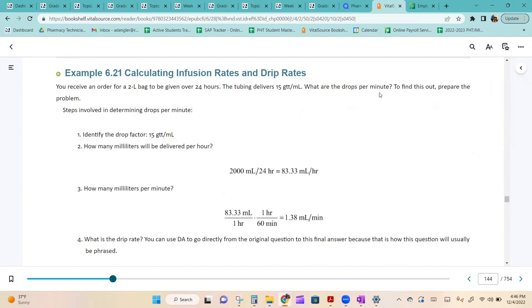And what are the drops per minute? To find this out, prepare the problem, just like we said. So how many milliliters will be delivered per hour? If 1 liter is equal to 1,000 ml, then 2 liters has to be 2,000, and it's going to be over 24 hours.